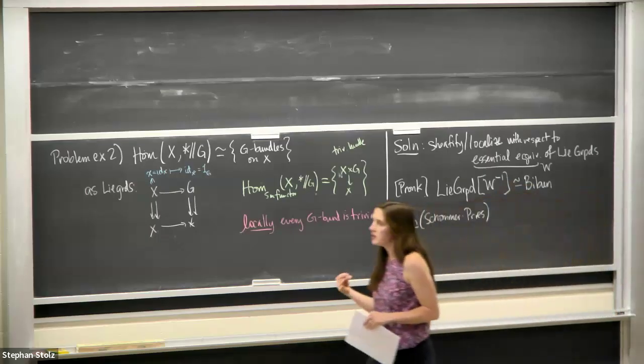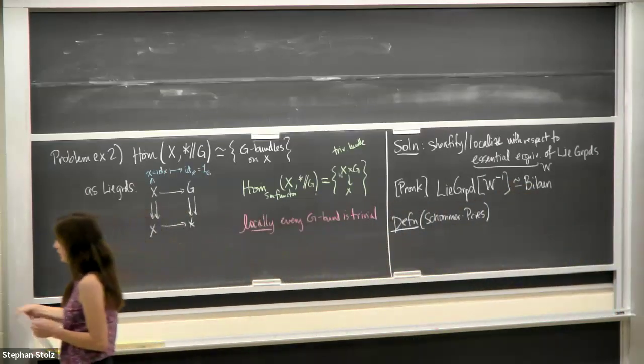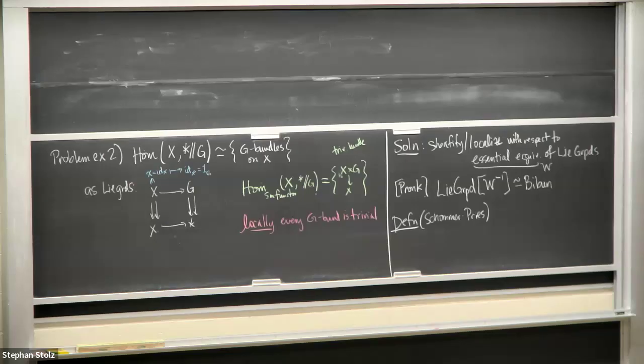A smooth 2-group is going to be a group object in this category of bibundles, the localization of these Lie groupoids. So we can fill that in here. And what does that mean? I'm not going to edit this schematic, but it means that this multiplication map should be a zigzag of maps or a bibundle. So slightly more information is hiding in that thing that's just drawn as an arrow.